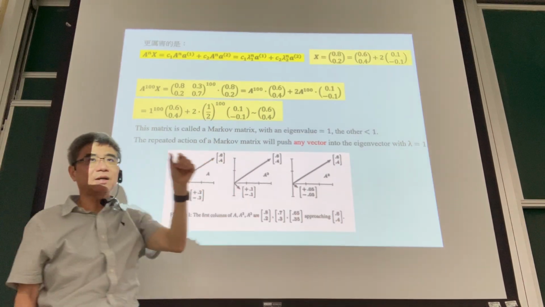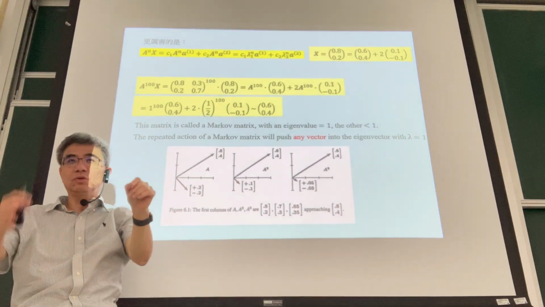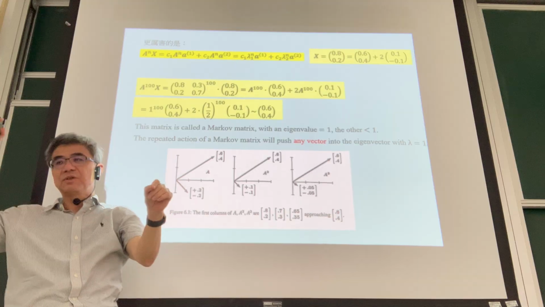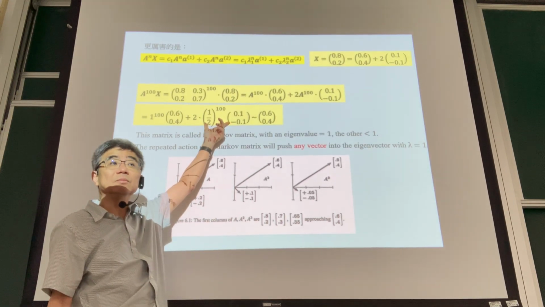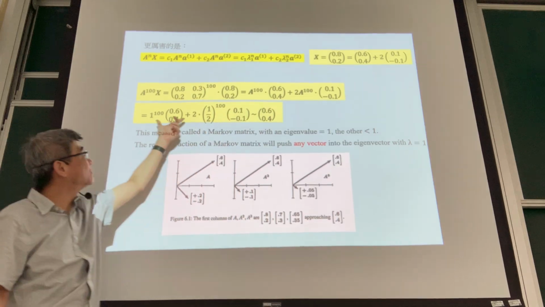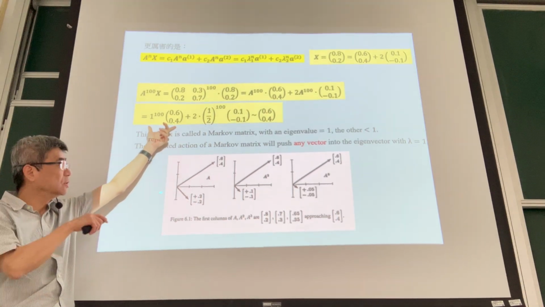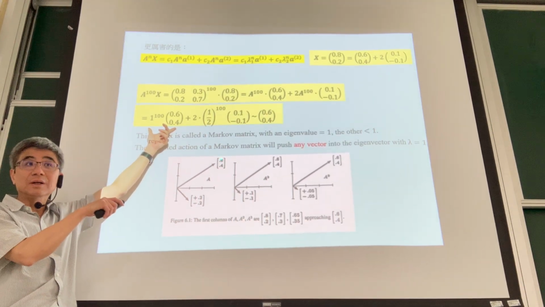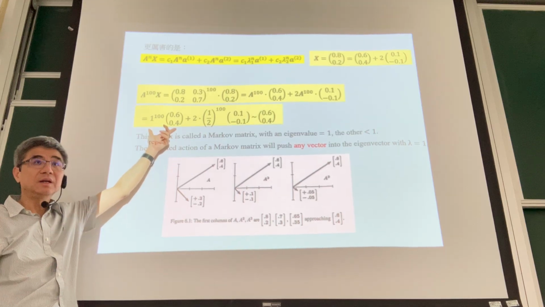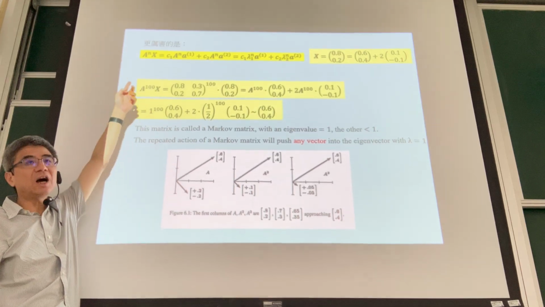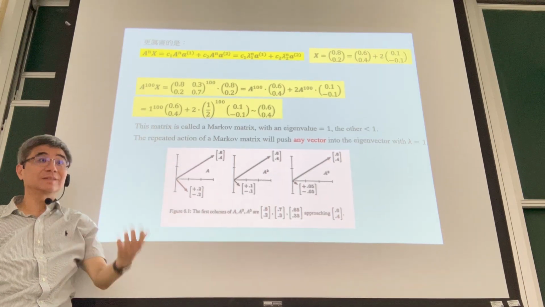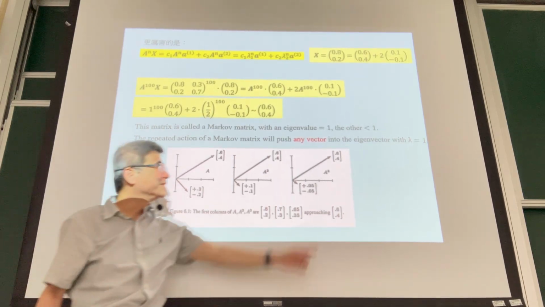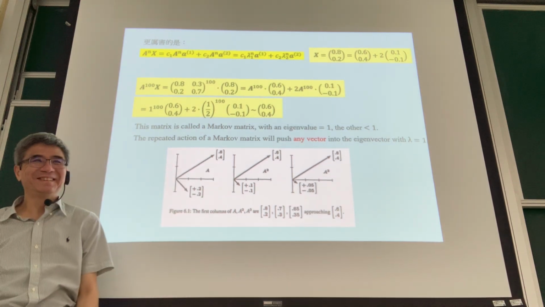So the second eigenvector disappears when you multiply by A so many times, because it becomes a very small number. However, the first eigenvector does not change because its eigenvalue is equal to 1, so it remains there. That means A to a large power times any vector gives the same answer: 0.6, 0.4.